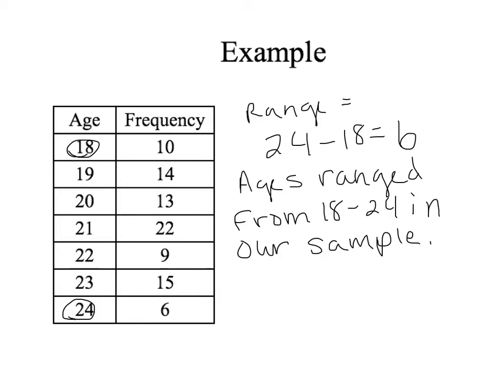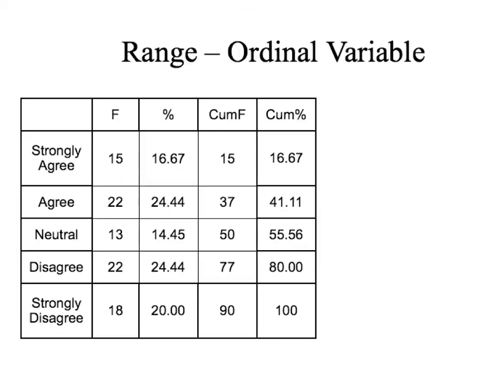So what do you do when you have an ordinal level variable? For an ordinal level variable like this, you have the categories here of strongly agree, agree, neutral, disagree, strongly disagree. Well, we can't really subtract because we have category names rather than numbers.